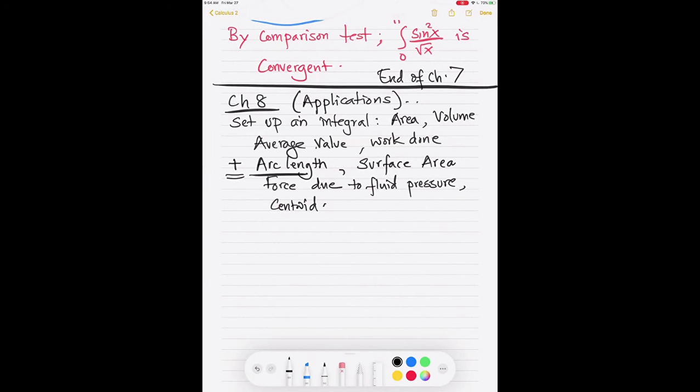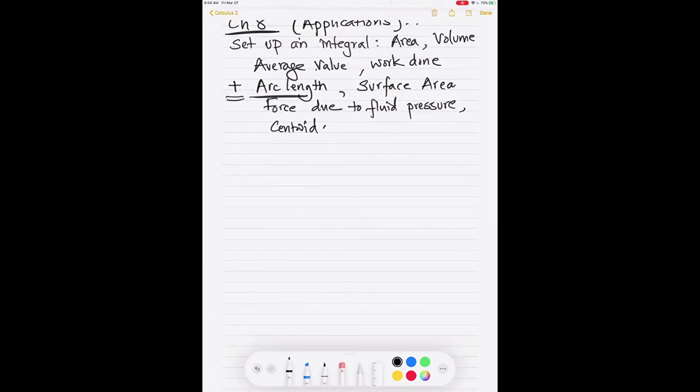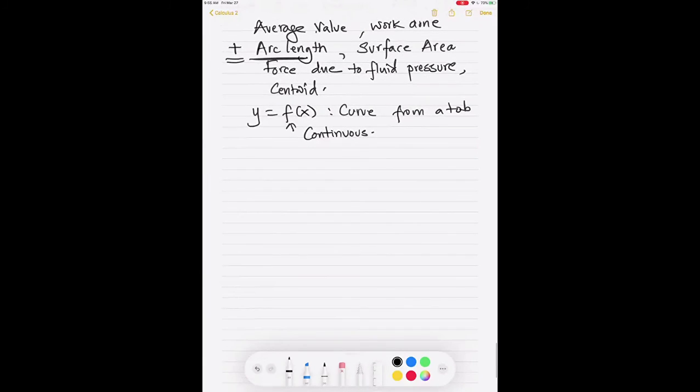We want to compute the arc length. So here we go, I'm going to set it up. Just watch this. I put up the notes anyway. So here's the idea: y equals f of x is that curve from A to B. And yes, it's a continuous curve. So I'm just going to draw it. Here we go.